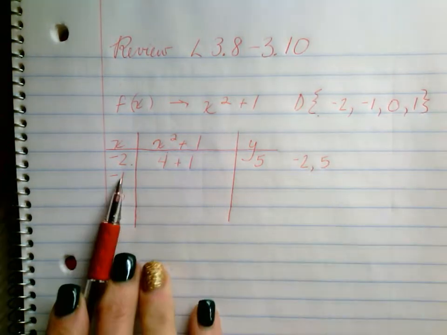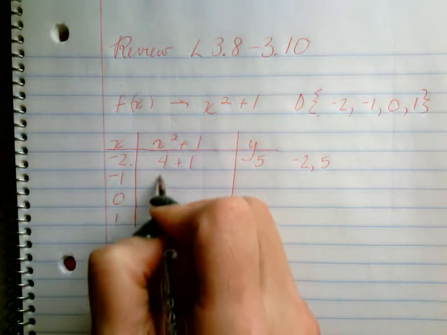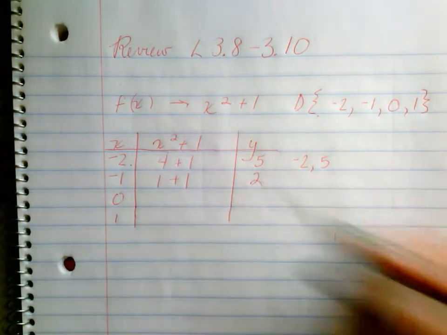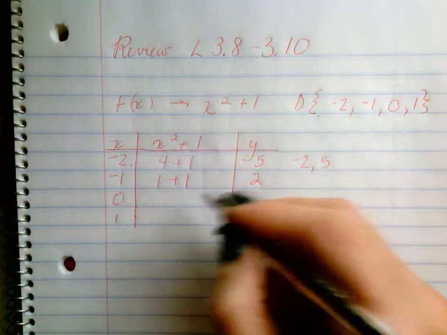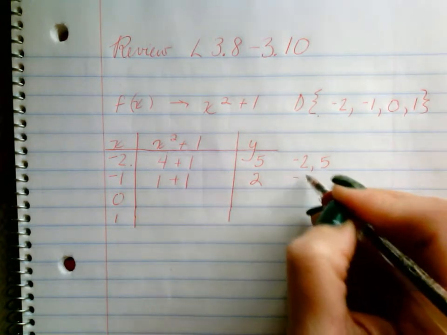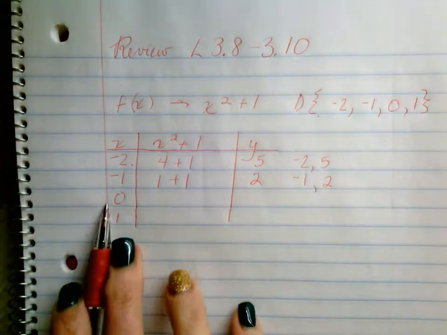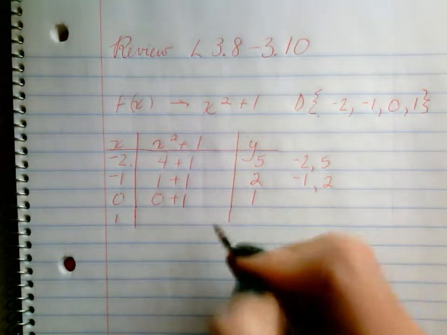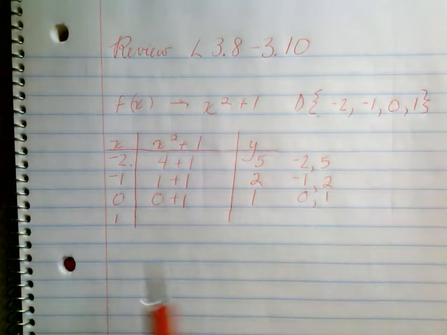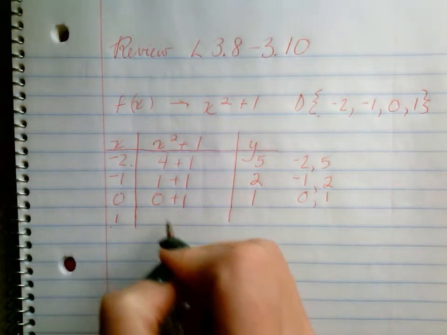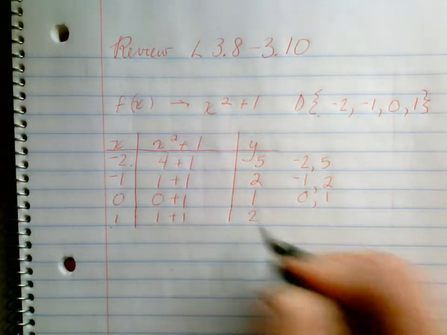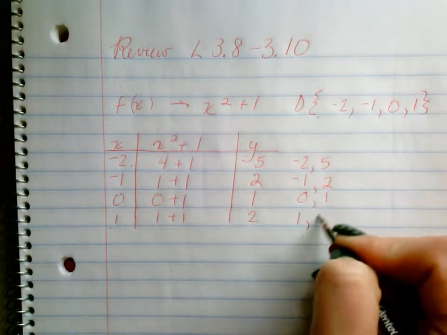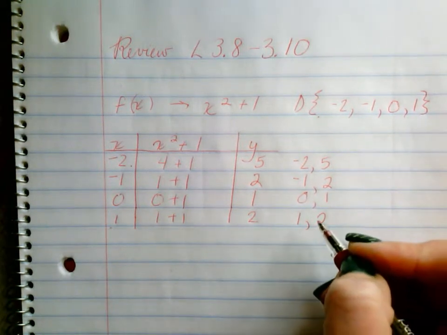The next one, -1 squared is 1. I get a 2, meaning that I end up with -1, 2. 0 squared is 0. And that gives me 0, 1. And the last one is 1 squared plus 1, leaving me with a final set of coordinates of 1, 2.